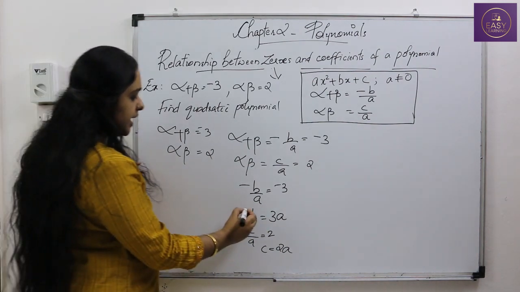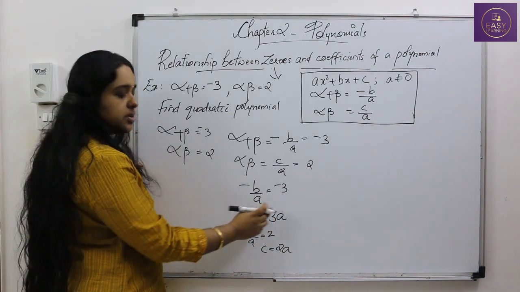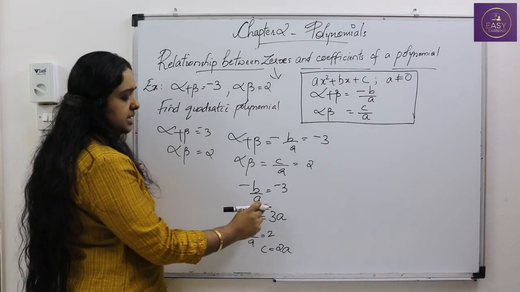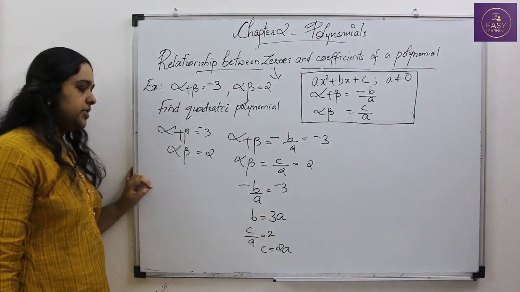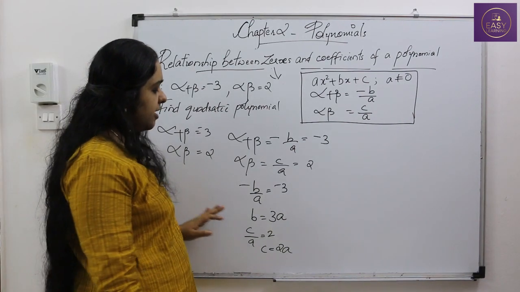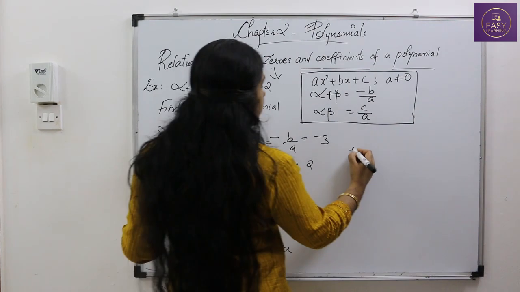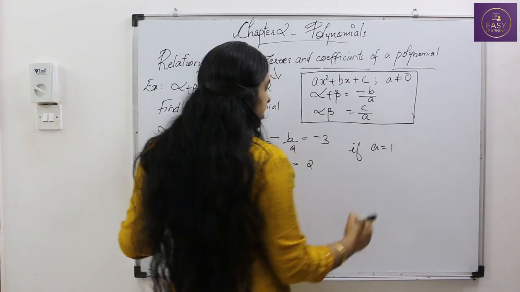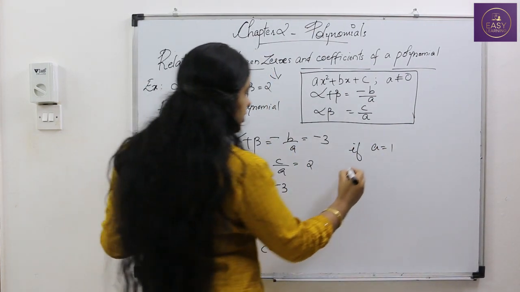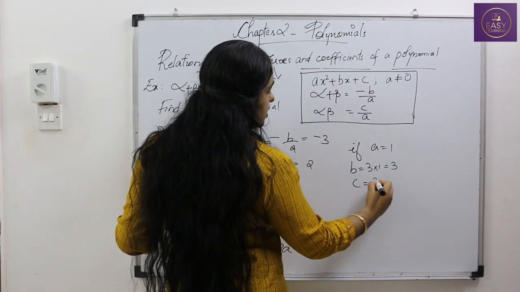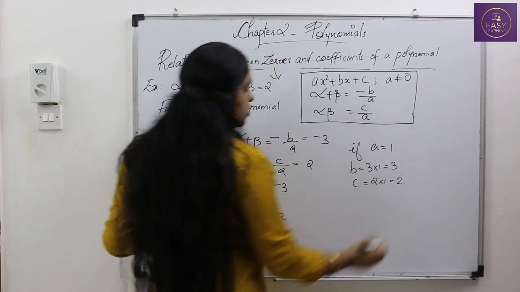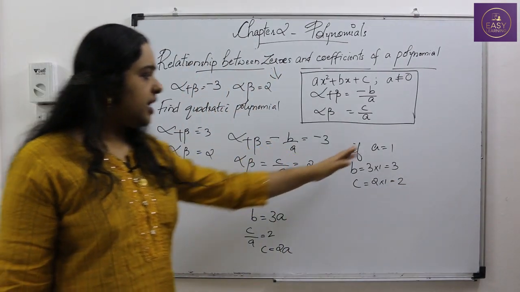That is, minus b equals minus 3a, and minus minus becomes plus. So b equals 3a and c equals 2a. Suppose we give a value for a, say a equals 1. Then b equals 3 into 1 equals 3 and c equals 2 into 1 equals 2. So we got the values of a, b and c.